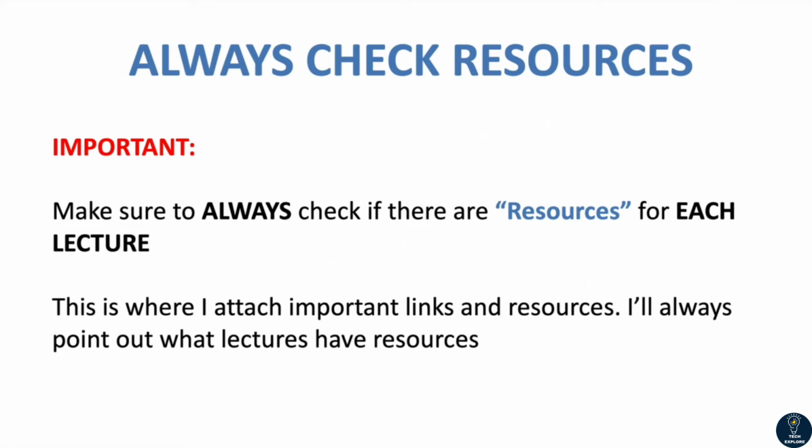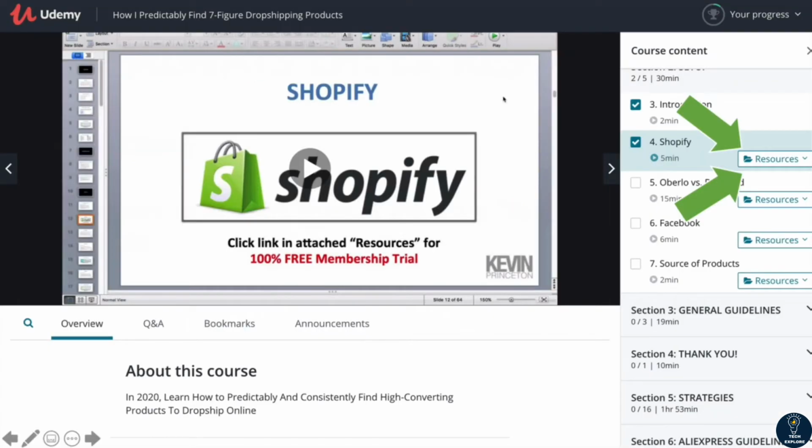If you don't know how to check resources, it's pretty easy. If you're a student, chances are your screen looks like this, right? As you're watching videos, the videos will show up here, and on the right side you'll see the lecture that you're currently watching highlighted in gray. Then you'll see this little box that says resources.